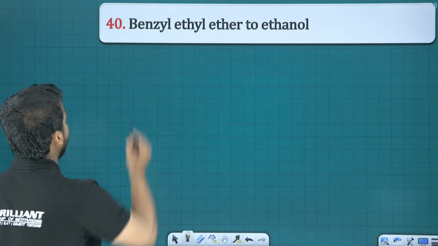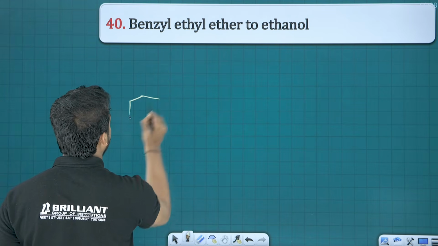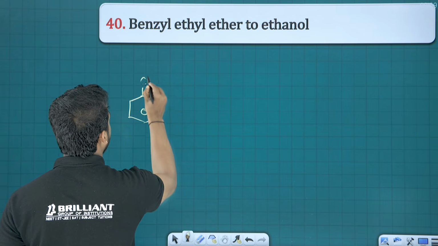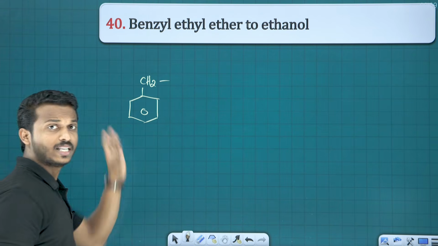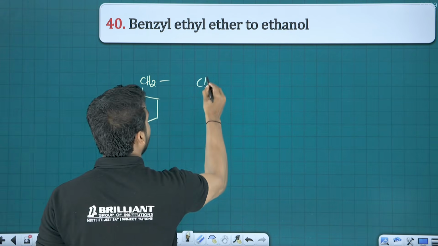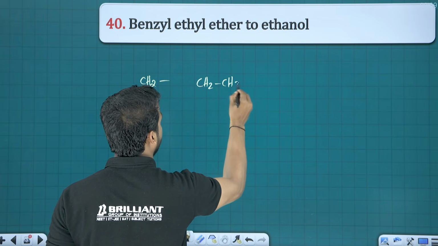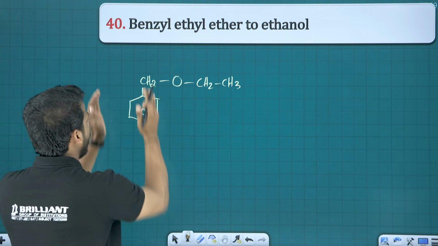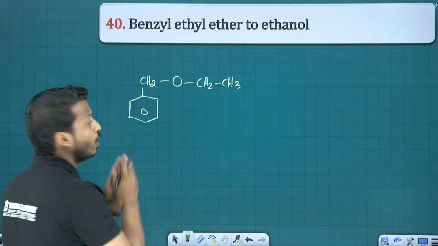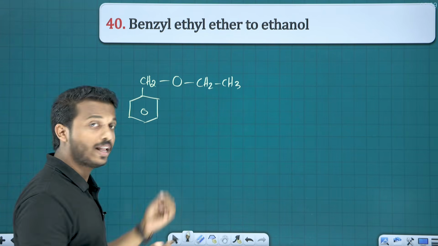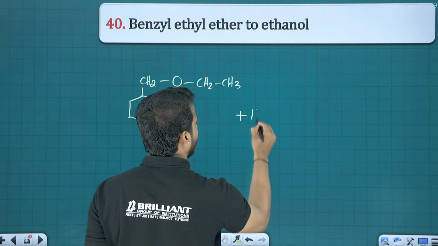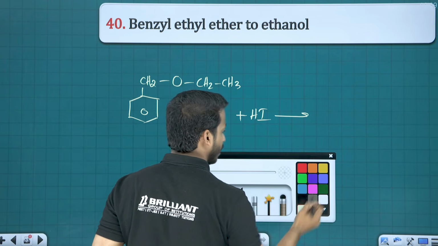Question number 40, benzyl ethyl ether. What is that? This is called the benzyl. Next, ethyl. What is ethyl? CH2, CH3. Benzyl ethyl ether to ethanol. Same reaction, treated with HI. Heated with HI.